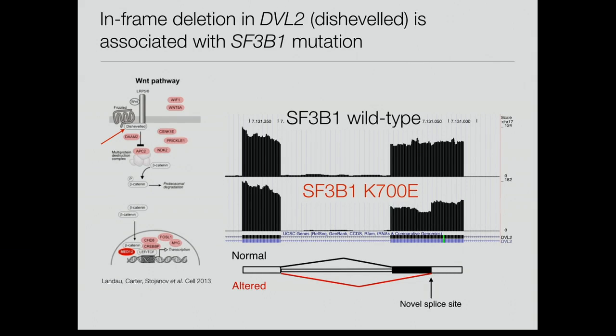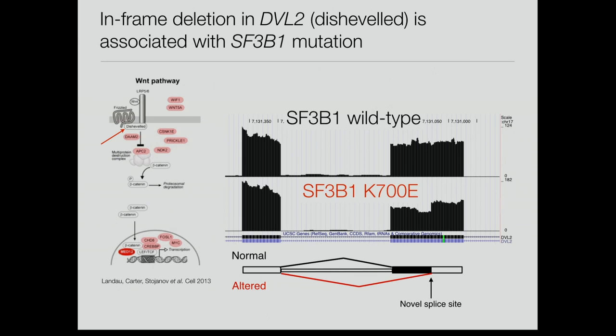One of the genes we have followed up with is DVL2, or Dishevelled. The Wnt pathway is well known to be altered in CLL, and Dishevelled is a component of the pathway. What I'm showing here is RNA-seq coverage along this event.